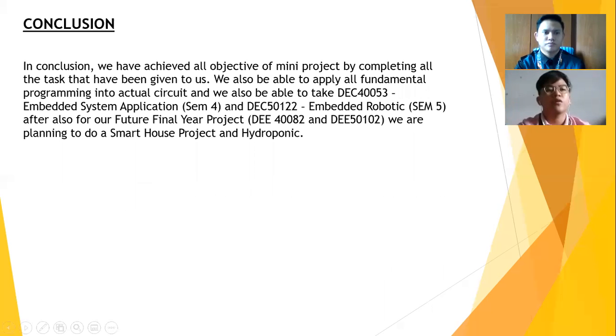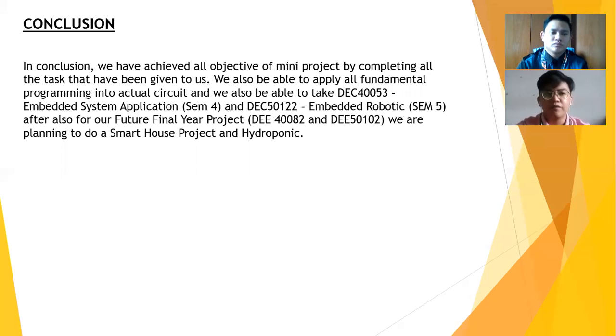Okay, so conclusions. In these conclusions, we have achieved all our objectives of our mini project by completing all the tasks that have been given to us. We are also able to apply fundamental programming into our circuit, and we are also able to take DEC 453, which is embedded system applications in sem 4, and DEC 50122 embedded robotic in sem 5.